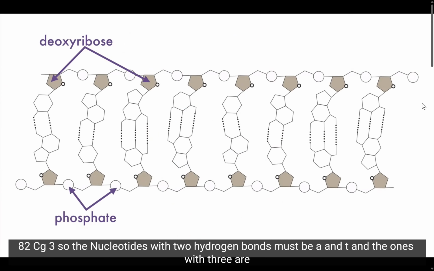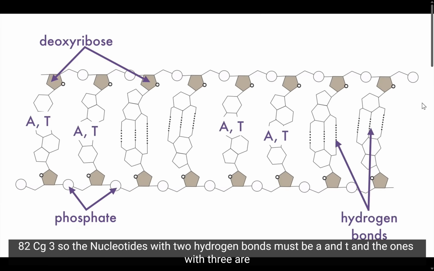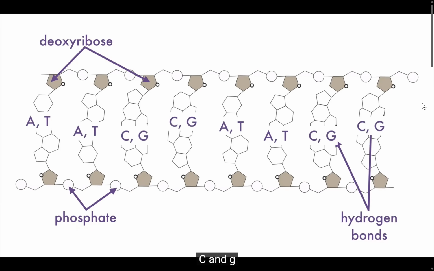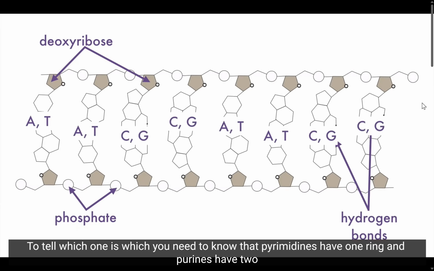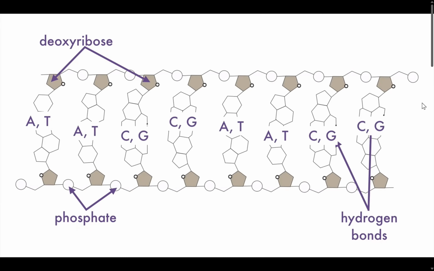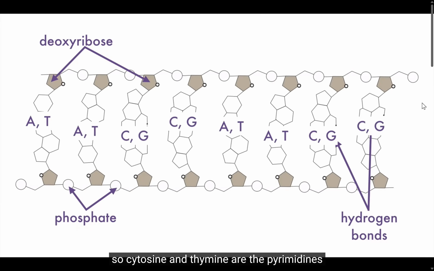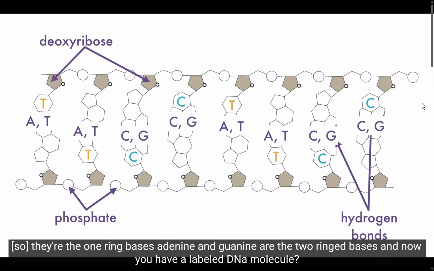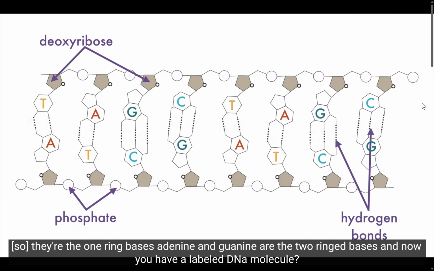So the nucleotides with 2 hydrogen bonds must be A and T, and the ones with 3 are C and G. To tell which one is which, you need to know that pyrimidines have 1 ring and purines have 2. So cytosine and thymine are the pyrimidines, so they're the 1-ring bases. Adenine and guanine are the 2-ringed bases. And now you have a labeled DNA molecule.